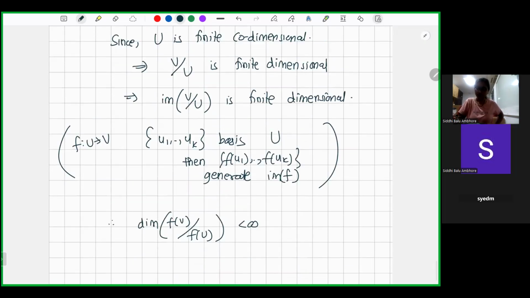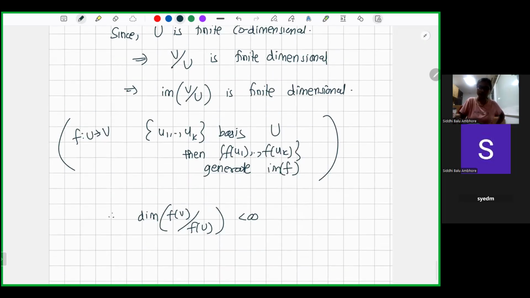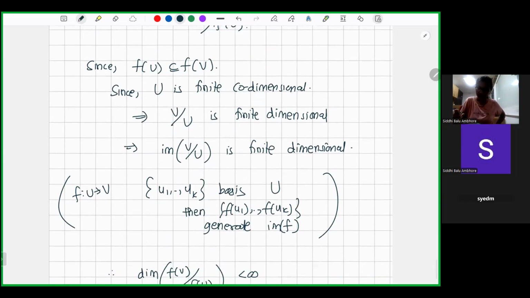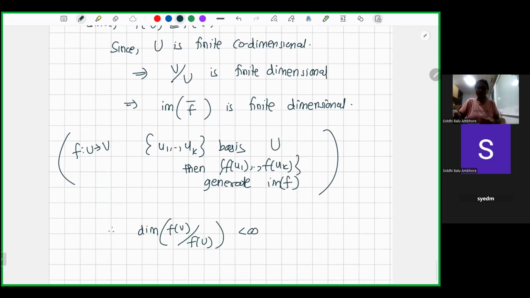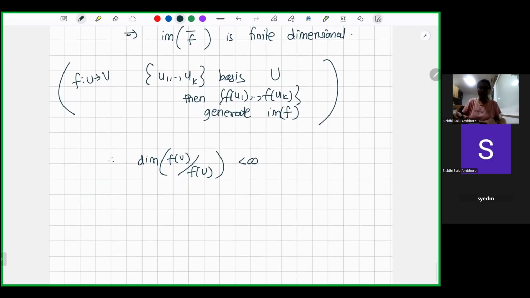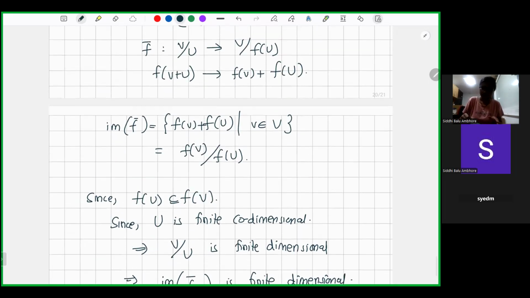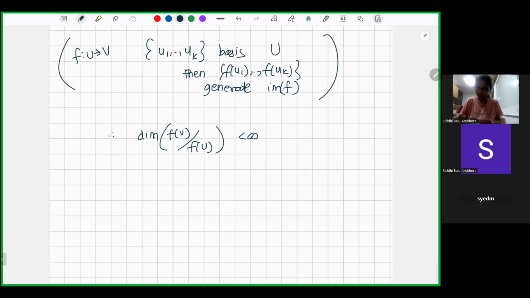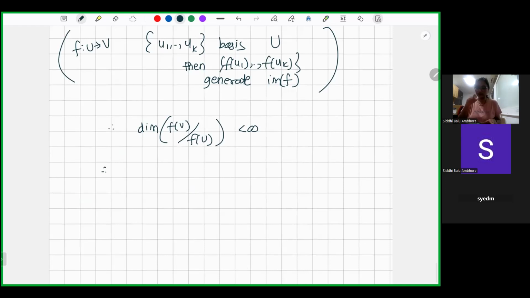So this is the image. The image of f bar is finite dimensional. That means the image of f bar is this thing, f of V quotient f of U. So therefore, this is finite dimensional.